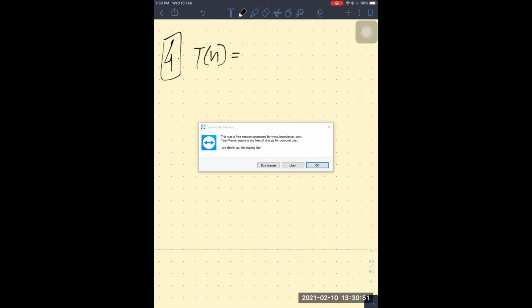Okay. So the first one is T of n equals T of n minus 1 plus C to the power n, assuming that C is any constant greater than 1.